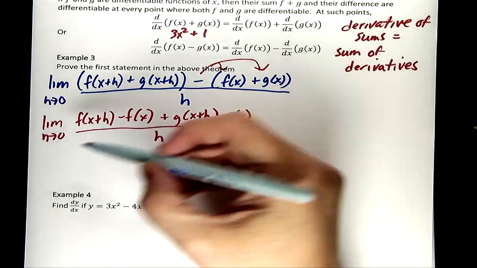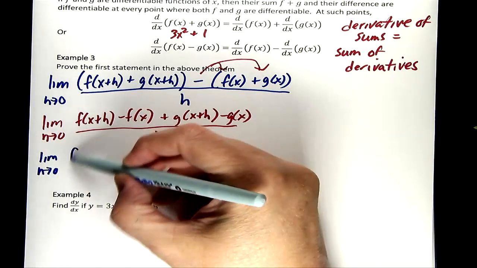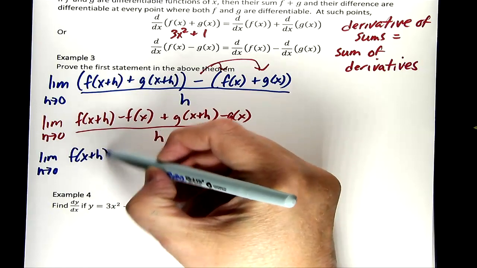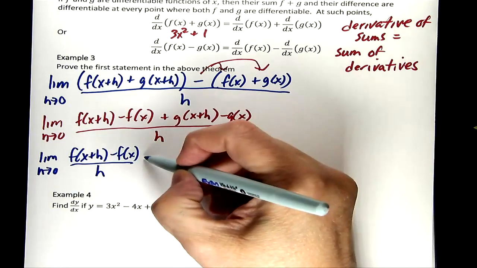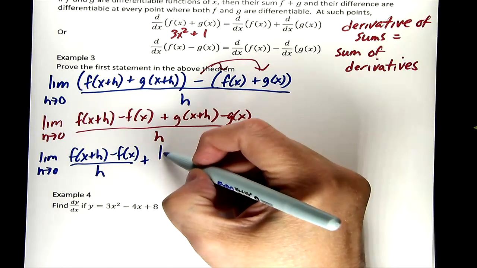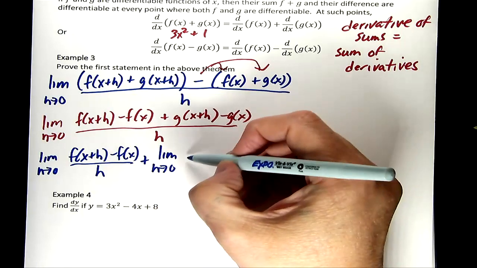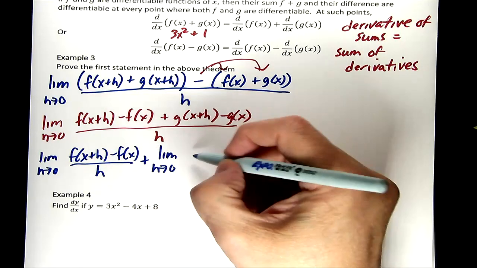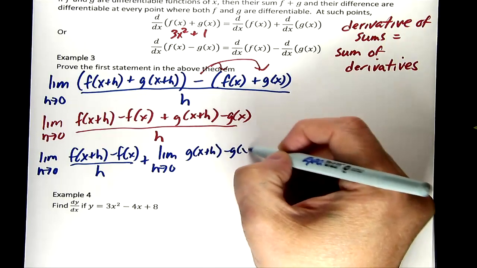And now we can split it up, because fractions can be separated. And then when we have different things like that, the limit laws allow us to separate those out.